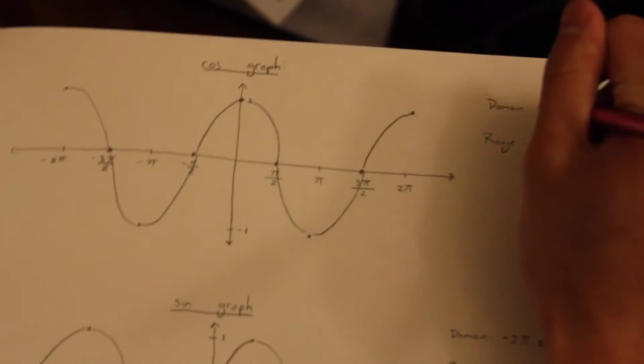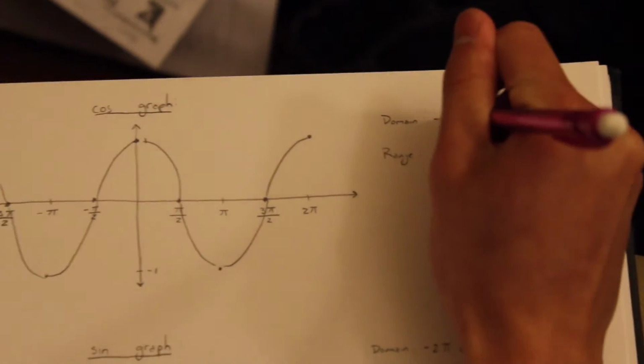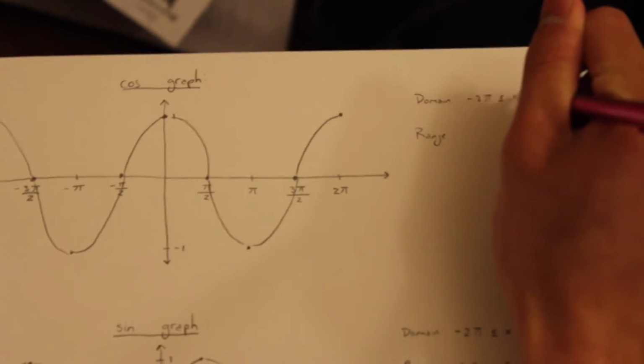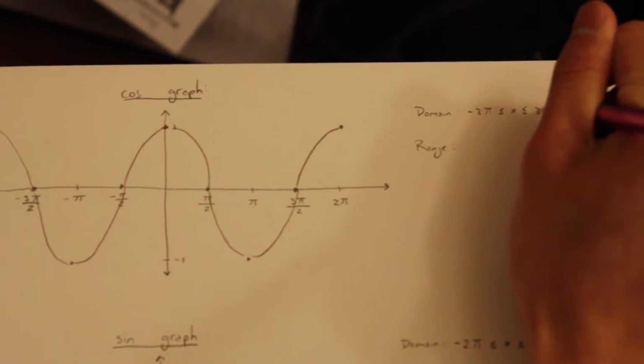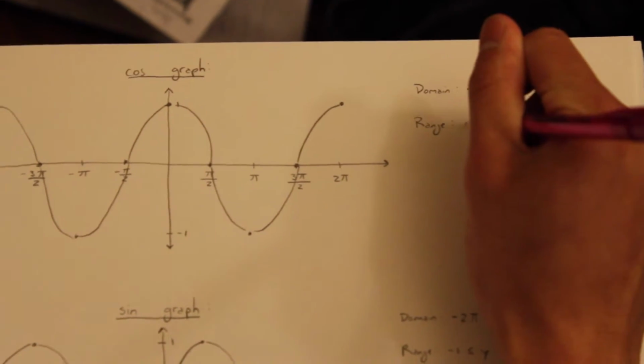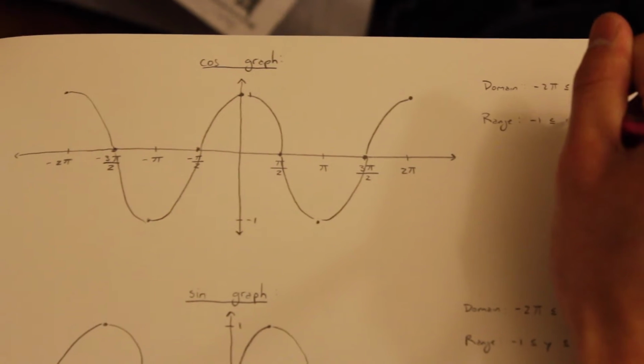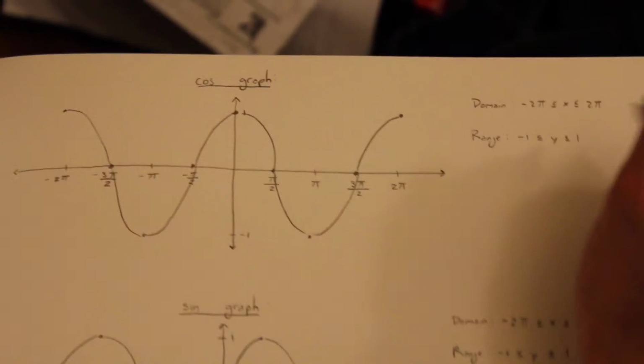The domain of this graph is negative 2 pi to 2 pi. And the range is from negative 1 to positive 1.